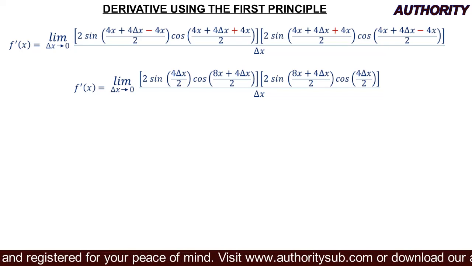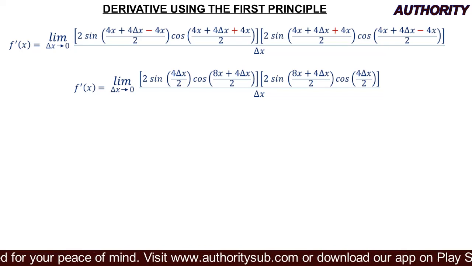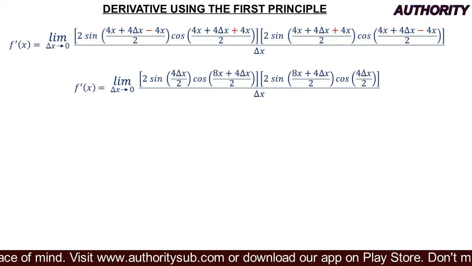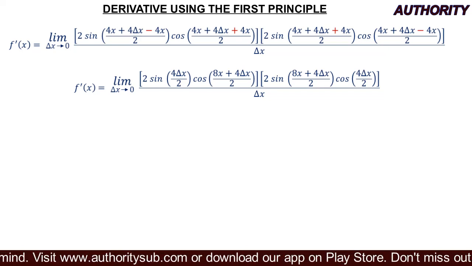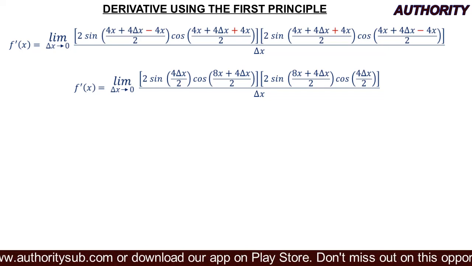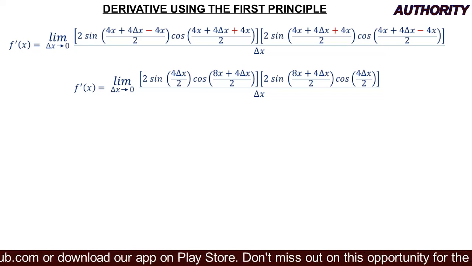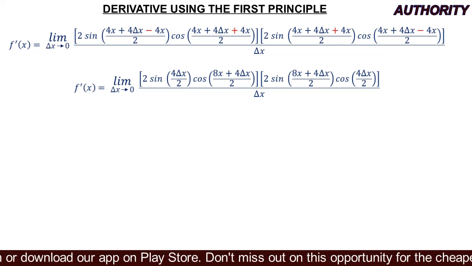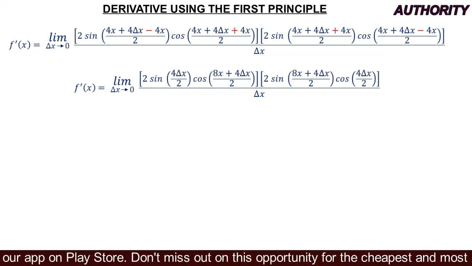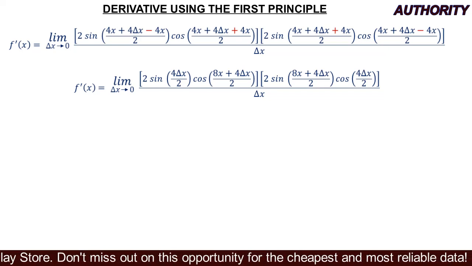So here we have 4x plus 4x, which is 8x plus 4 change in x all over 2. And then the next bracket. Here we have 4x plus 4 change in x plus 4x. It's the same as 8x plus 4 change in x all over 2. Then the second part, cos 4x plus 4 change in x minus 4x. Here we have 4x minus 4x going away. So we are going to have 4 change in x all over 2 remaining. Isn't it? Yes.